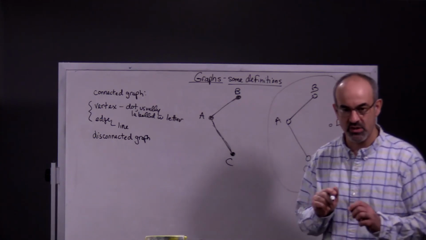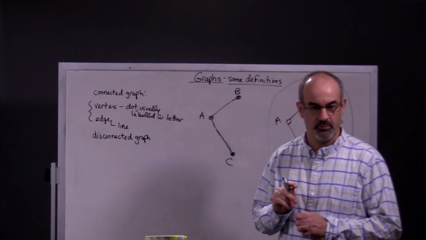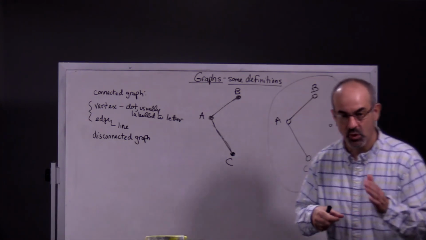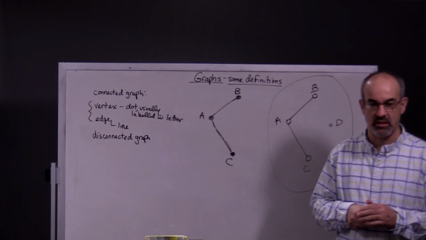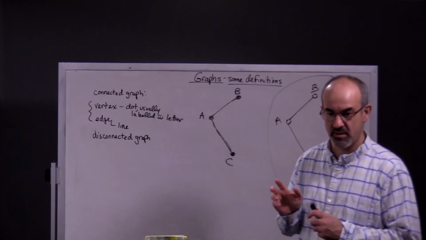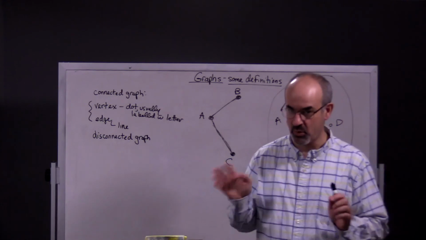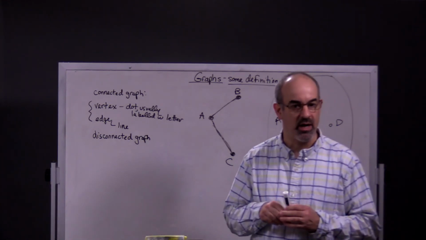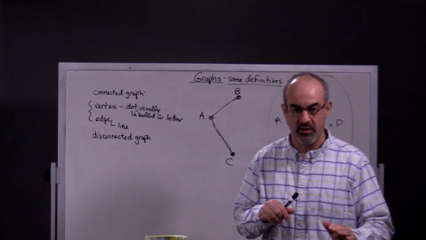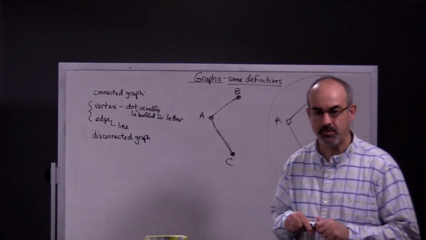For any other definitions you need to know, the textbook's a good source, but two of the other main definitions you're going to need to know are path and circuit. Now, there's different types of paths and circuits. In chapter 5, which we are not covering, they talk about Euler paths and circuits. So we're not covering that, so you don't need to know what that is.